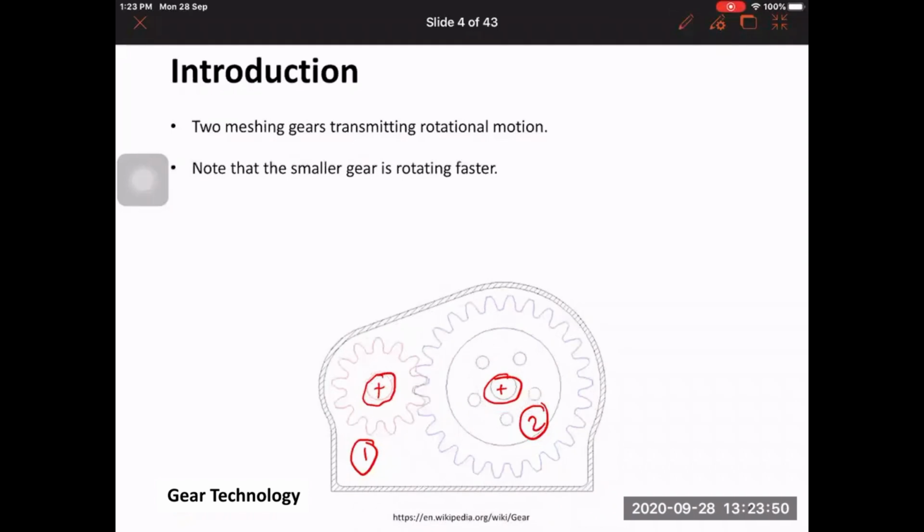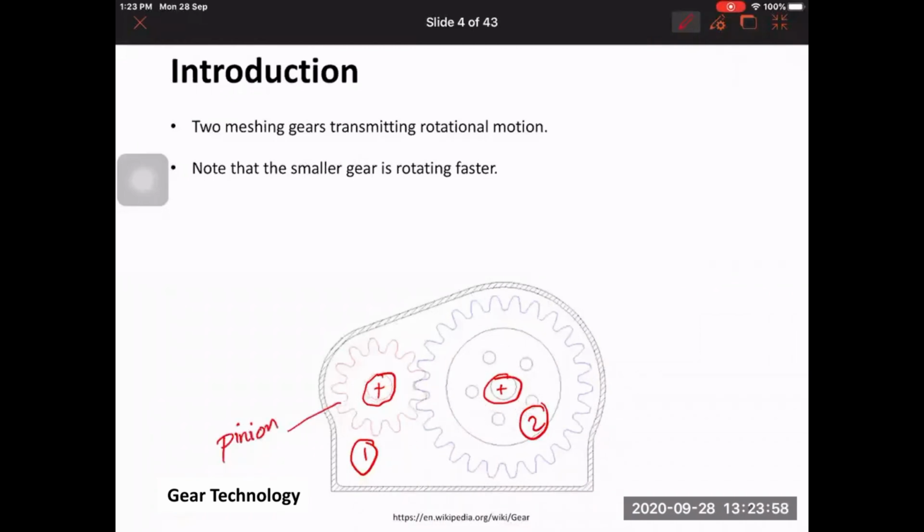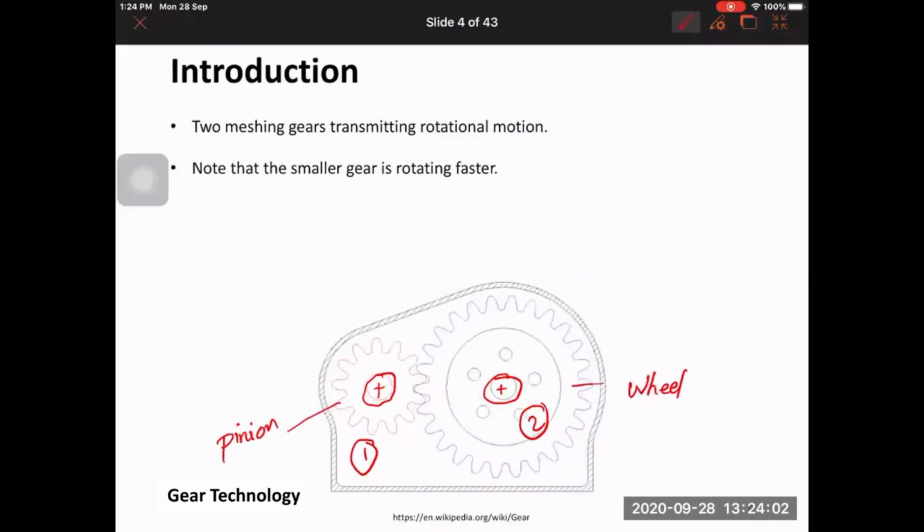So second, note that the smaller gear, the name of this one is pinion, and the name of this one is wheel, okay? The smaller one here rotates faster compared to the other one. So if this is the input and this is the output, we are just reducing the speed now, right?